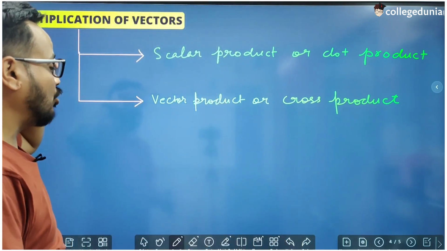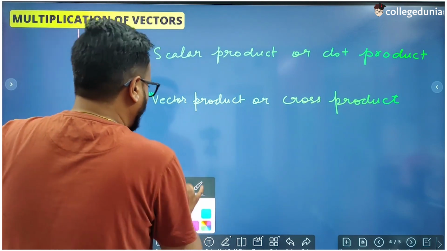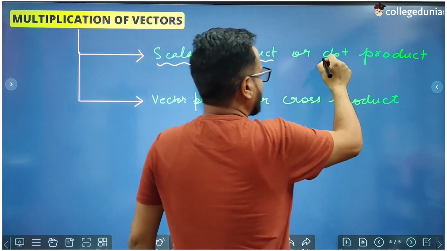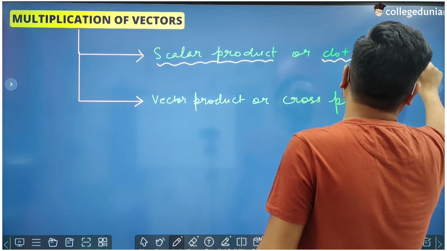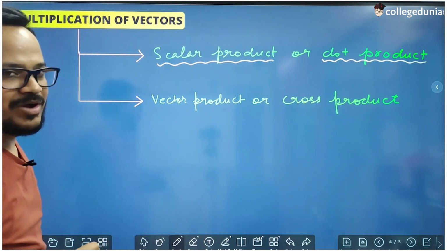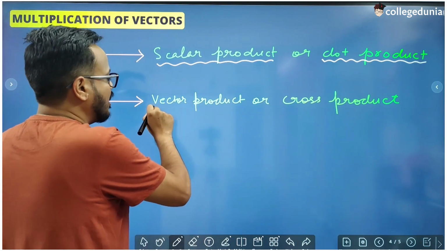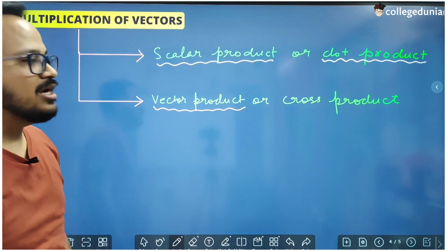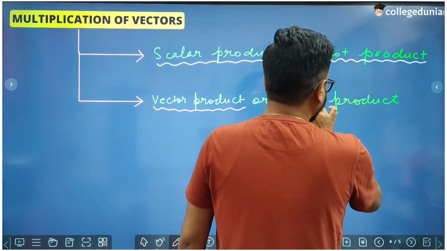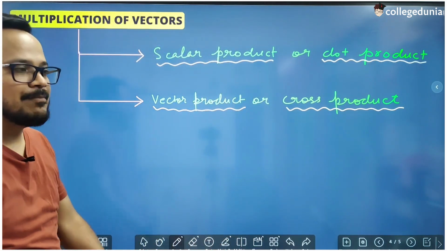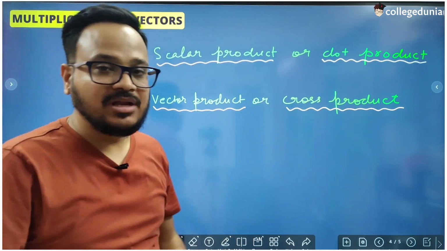When the product of two vectors is a scalar quantity, then it is called the scalar product, or it is also called the dot product because it is represented by putting a dot between the two vectors. And when the product of two vectors is a vector quantity, then it is called vector product, or it is also called cross product because it is shown by putting a cross between two vectors.